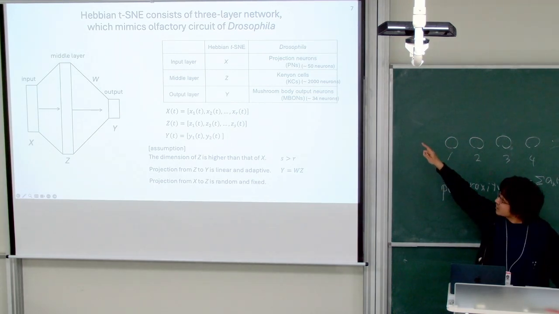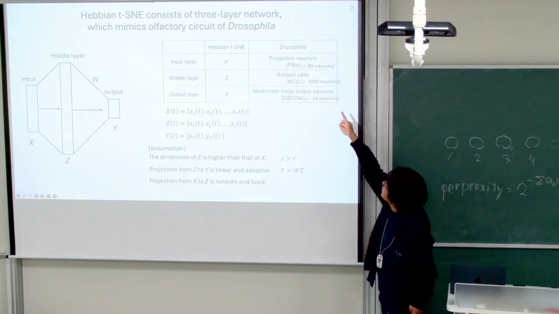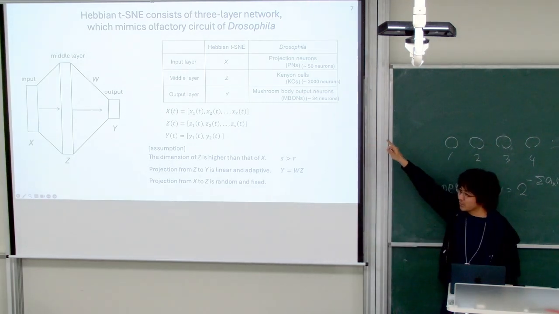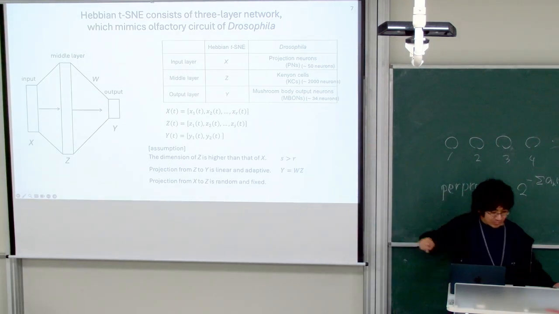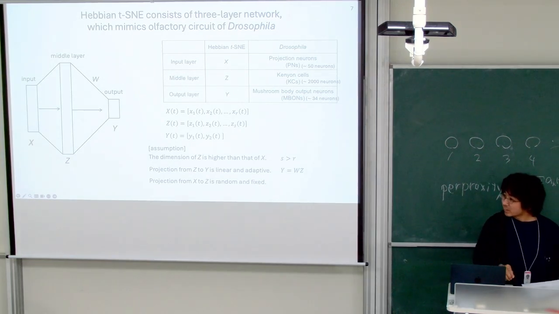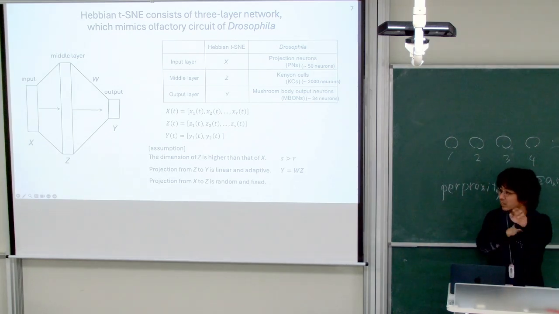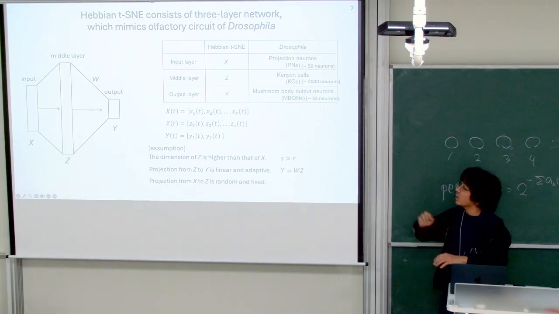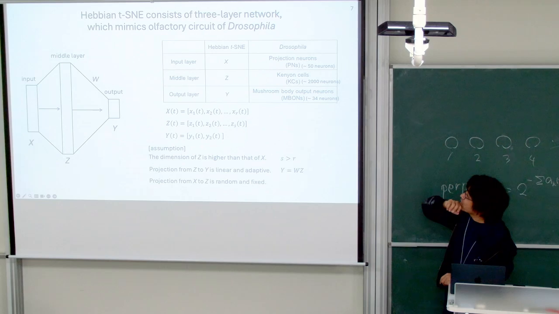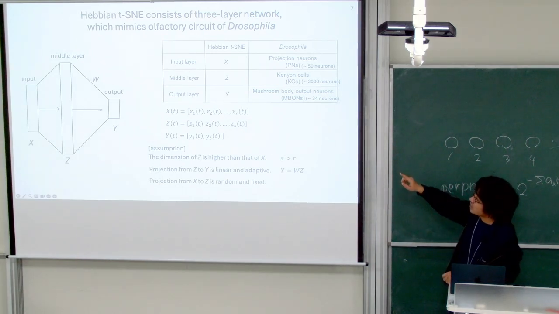You're indexing by K. You have an AK in the X's. X is 50 dimensional. Z is 2000 dimensional. Right? That doesn't line up.